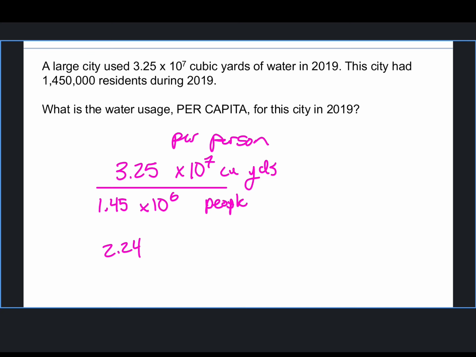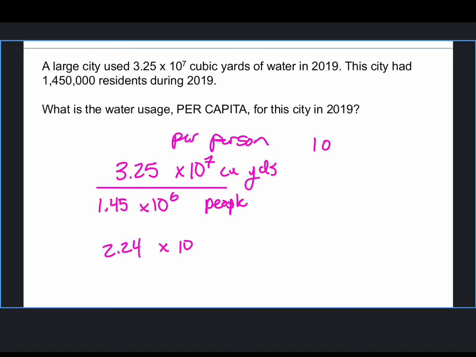But 10 to the 7th is 10 million, right? 10 to the 6th is 1 million. 10 million divided by a million is 10. Just 10.